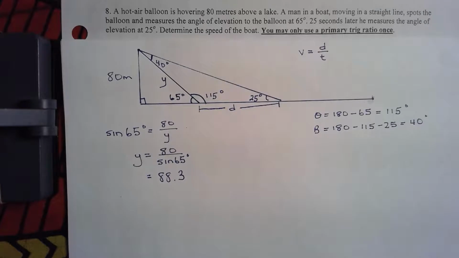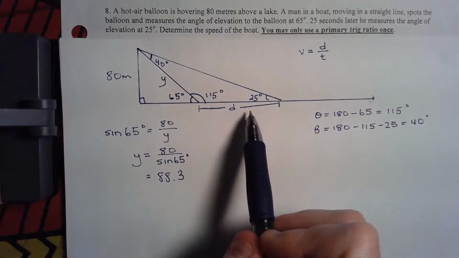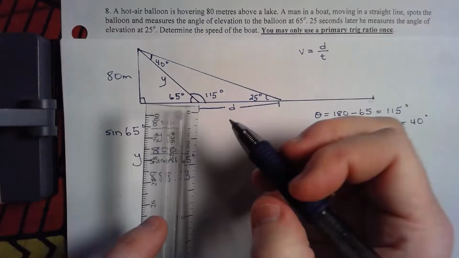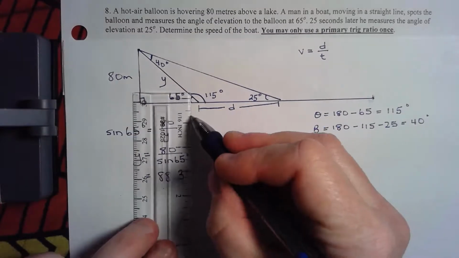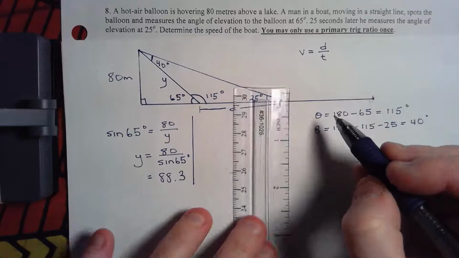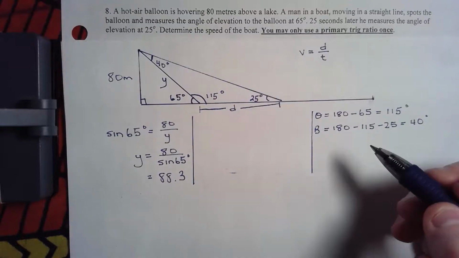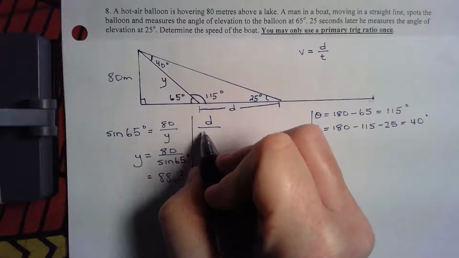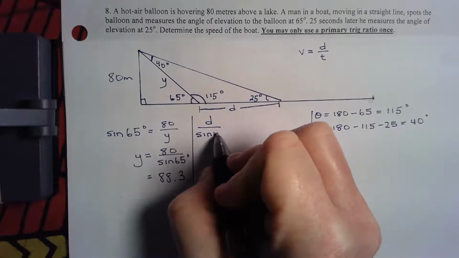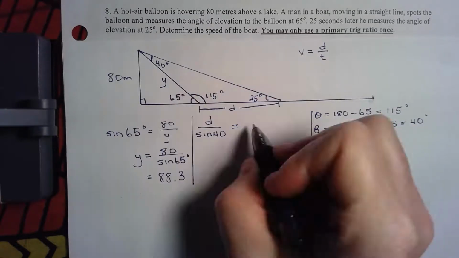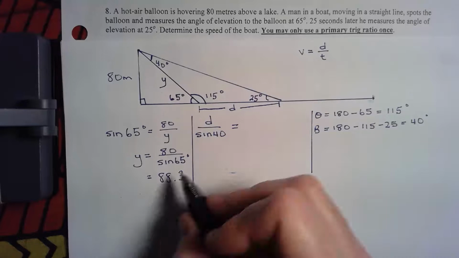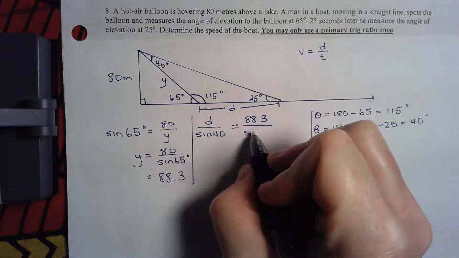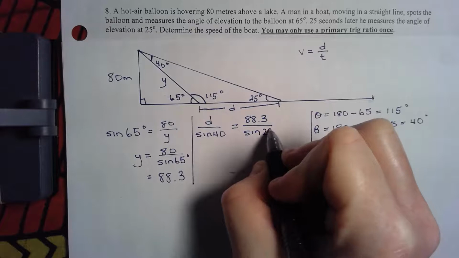Now that I know this, I can use the sine law to calculate d. I'm going to just quickly separate these out here so we don't confuse them with what's already going on. So d over sine 40 is equal to y, and my y is 88.3, over sine 25.